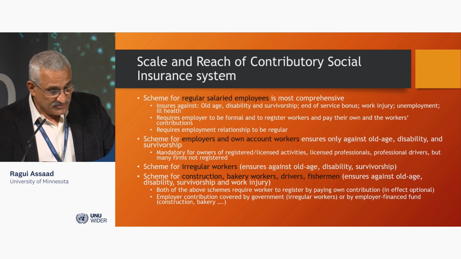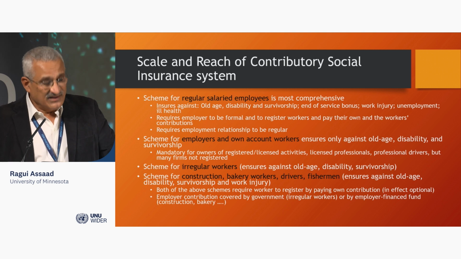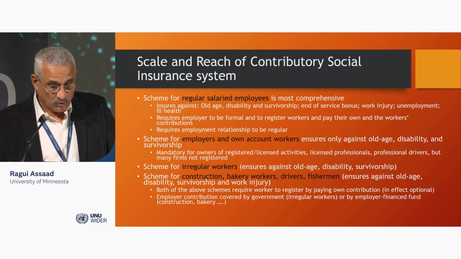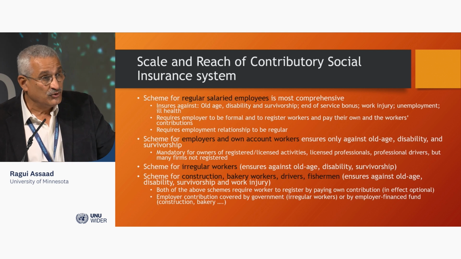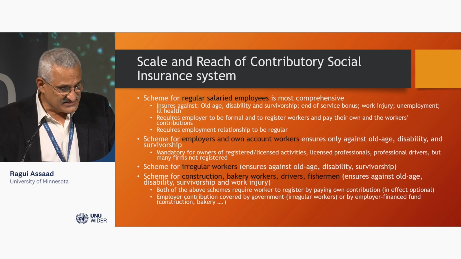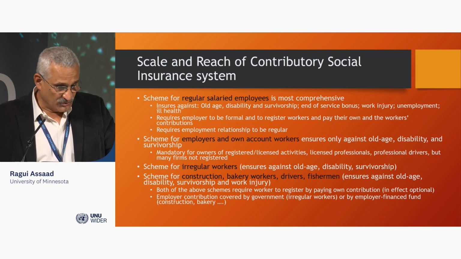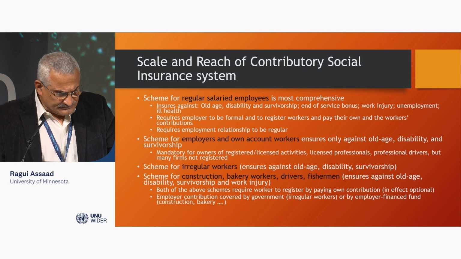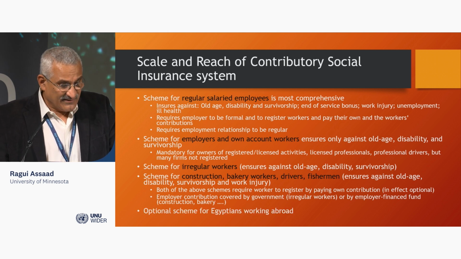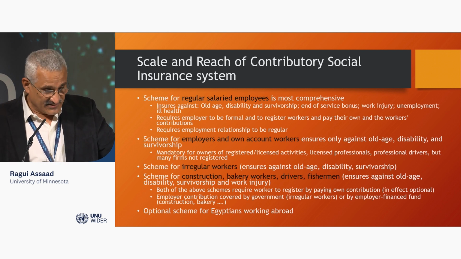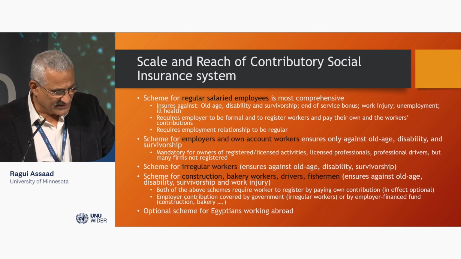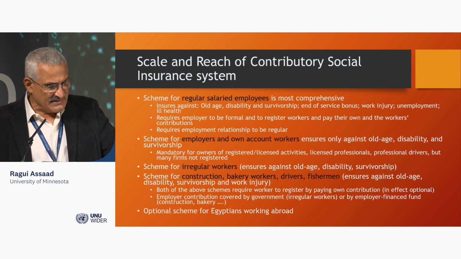And then the employer contribution is either subsidized by the government in the case of irregular workers or financed through a kind of lump sum fund that employers pay into based on their sales or turnover. Now, that system exists, but doesn't really do a very good job in covering the workers of that category, and I'll show you some numbers in a minute.